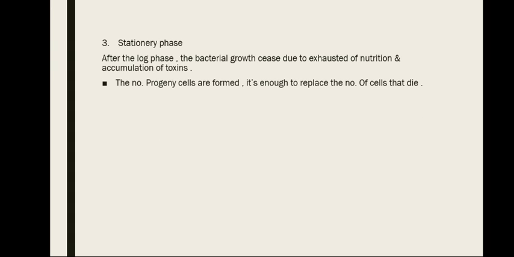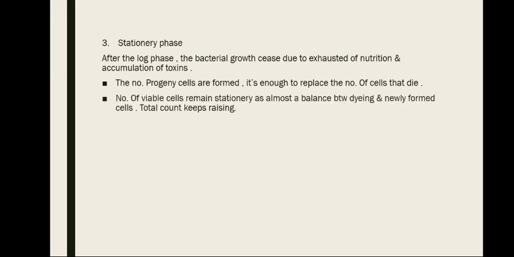Okay, and the number of progeny cells formed is enough to replace the number of cells that die. The number of viable cells remains stationary, with almost a balance between dying and newly formed cells. The total count of the bacteria keeps rising.